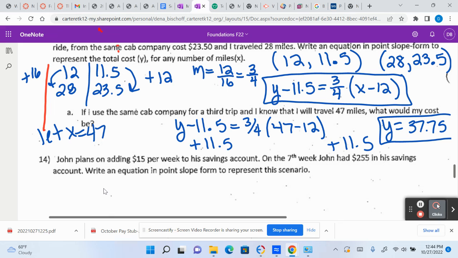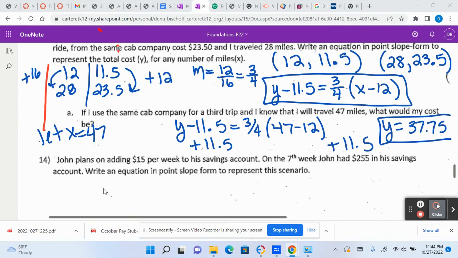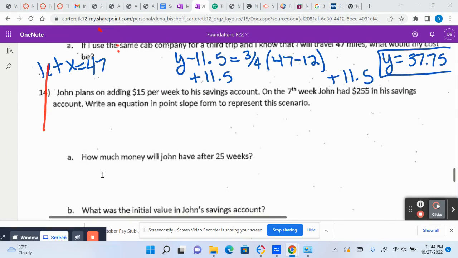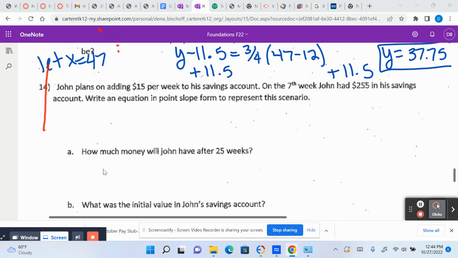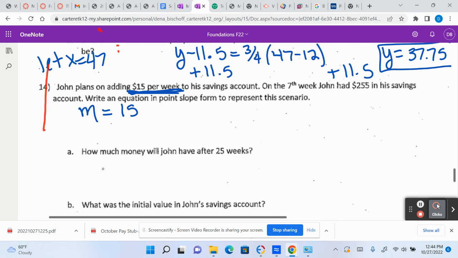Are we done? Okay. Here we go. John plans on adding $15 per week to a savings account. When I see the word per, m equals 15. On the 7th week, John had $255.